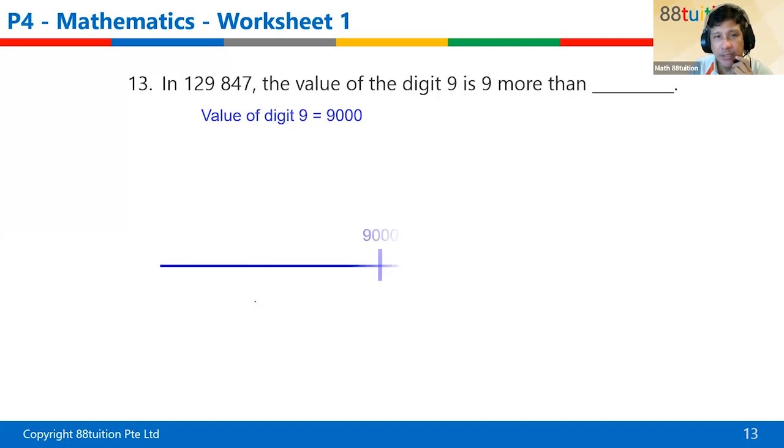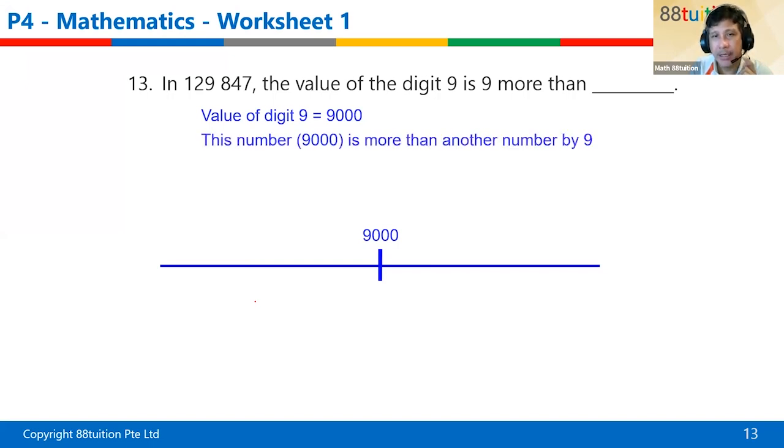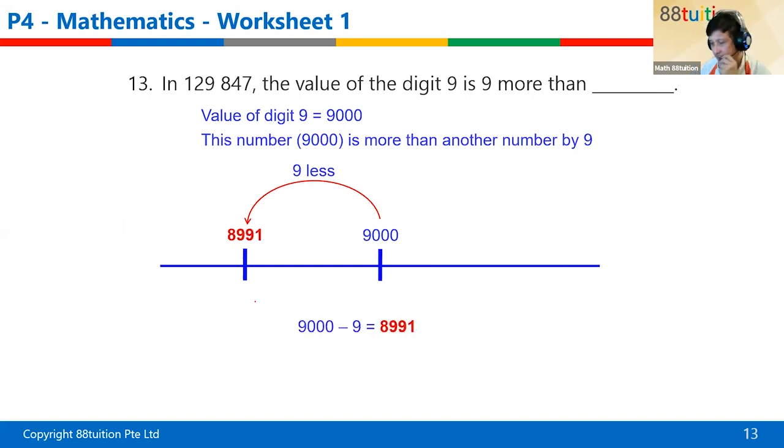So let me show you on a number line. This 9,000 is here. It is actually bigger than the number we are looking for by 9. So the number that we are looking for is less than the 9,000 by 9. All right, so what we do is 9,000 minus 9, you have 8,991.